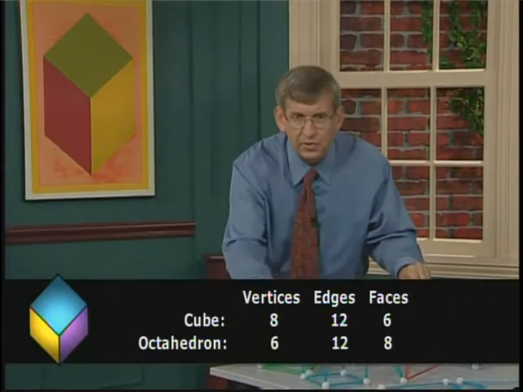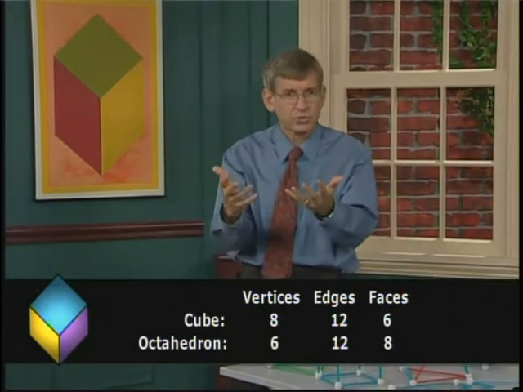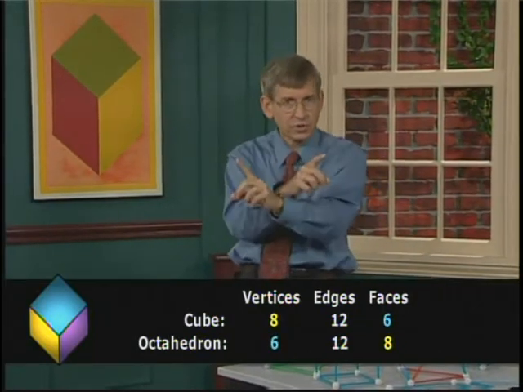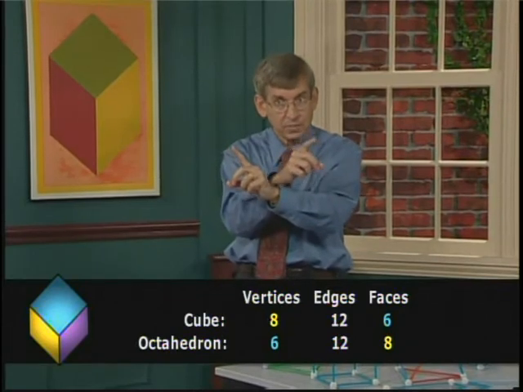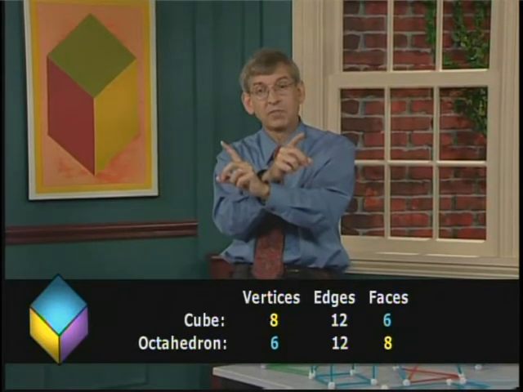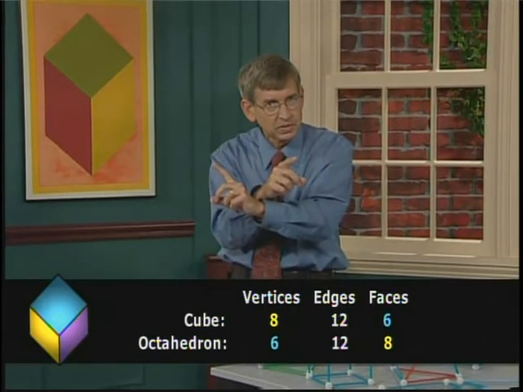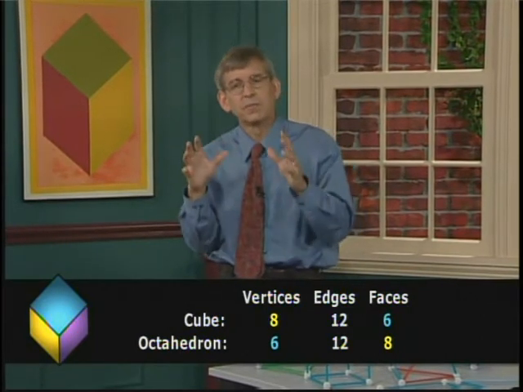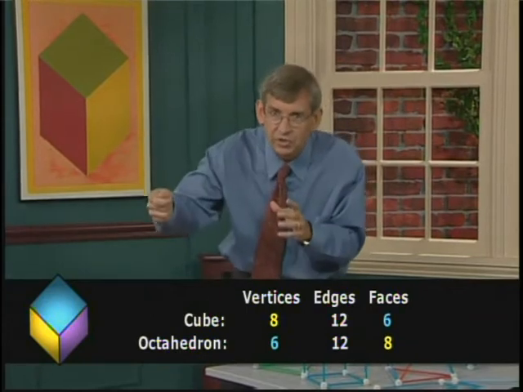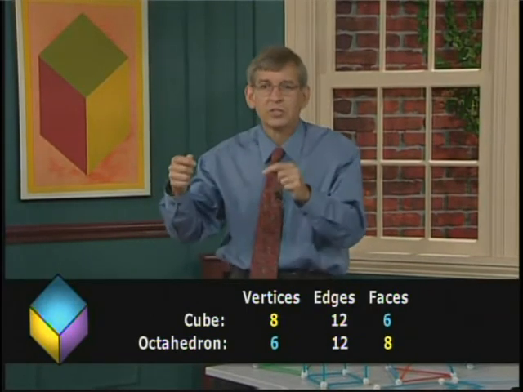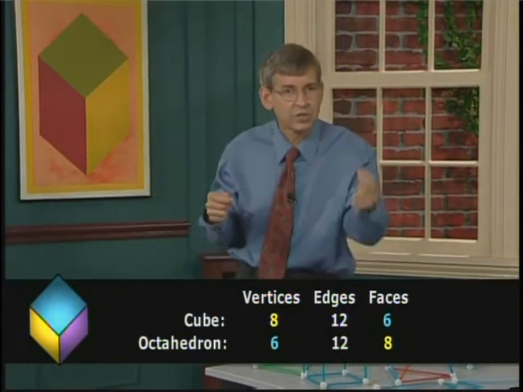Now, first of all, the 3 numbers appeared in both sets. The only difference was that the number of vertices of the cube is equal to the number of faces of the octahedron. See? The number of vertices of the octahedron is equal to the number of faces of the cube.